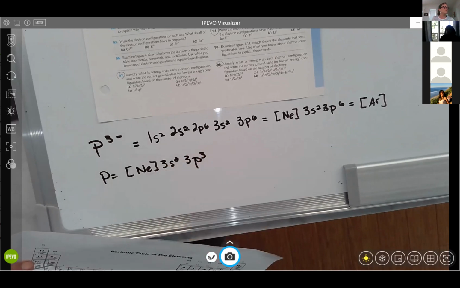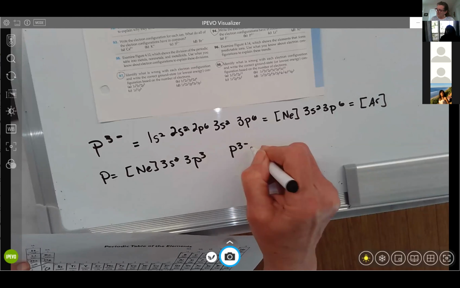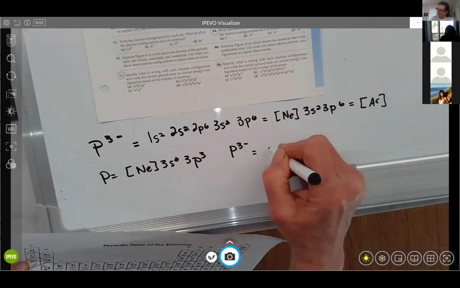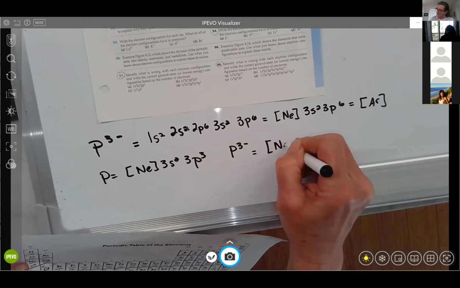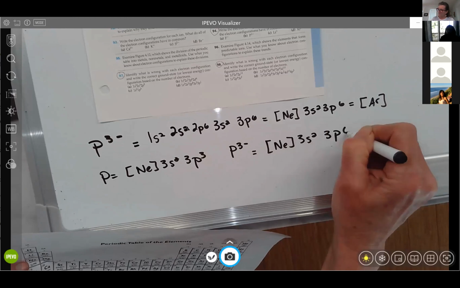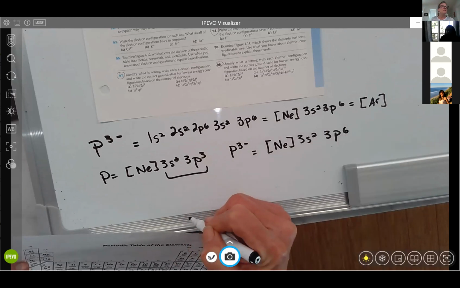Does that make sense? But if it's P3 minus, it's got 3 extra electrons, so that makes it 18: 3s2, 3p6. How many valence electrons does phosphorus have?